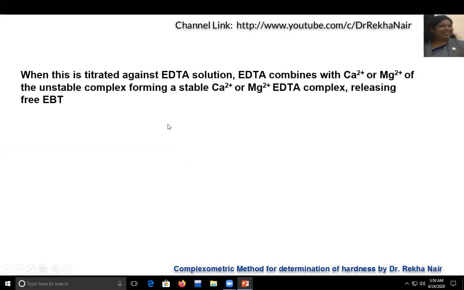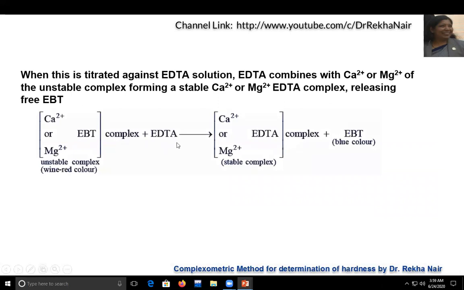When this is titrated against EDTA solution, what we have done is we have put EBT at first. This EBT reacted with the calcium and magnesium ions present in the hard water and formed the calcium magnesium EBT complex, which is an unstable complex of wine red color.